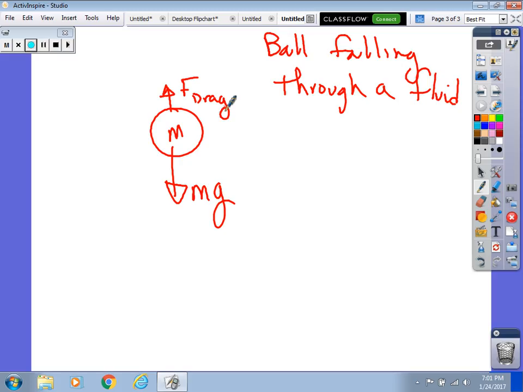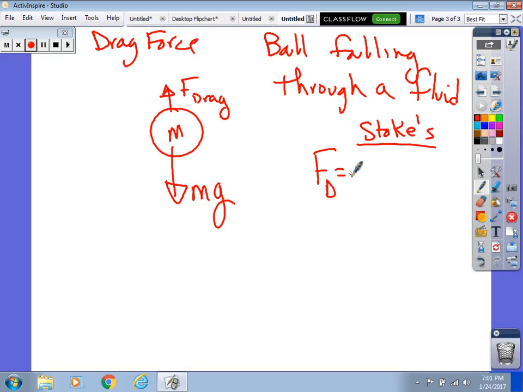This drag force, we can actually calculate it. We use something called Stokes' law. This is a higher level thing, so don't freak out, standard. You still need to know the basics, just not this specific. The drag force is dependent upon the viscosity of the fluid.